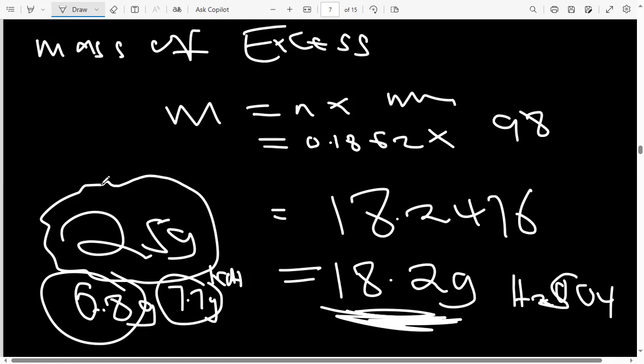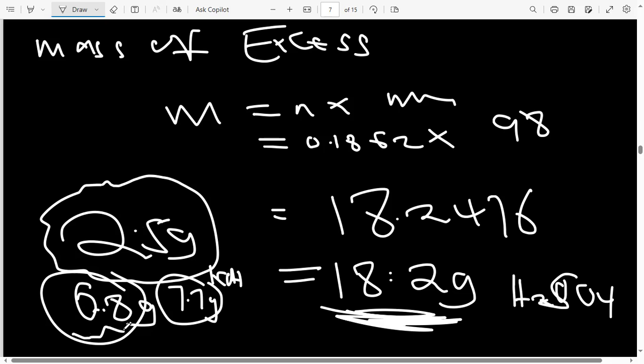And then for you to find the mass of hydrochloric acid that was part of the reaction, you just do 25 minus 18.2, which was this 6.8 grams that I found here. Does it make sense? Understood. All right. Yes. Thank you.